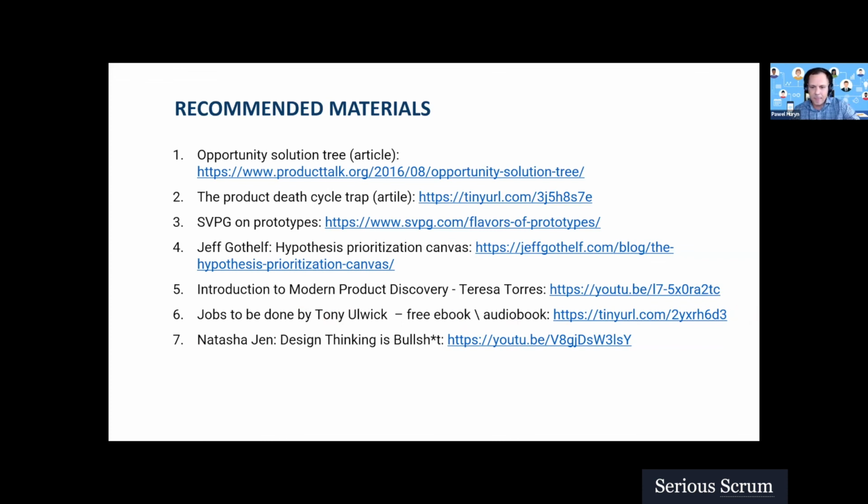One more thing I would like to add: some people would like to apply heavy, very prescriptive processes to product discovery. In my opinion, product discovery is more messy, it is more dynamic, and design thinking is bullshit, at least according to Natasha Yen.